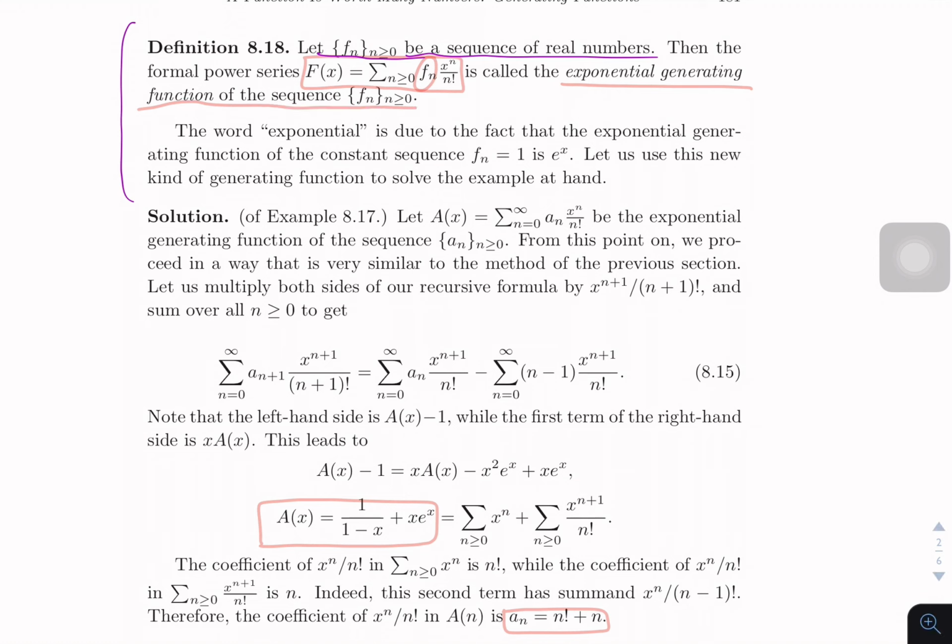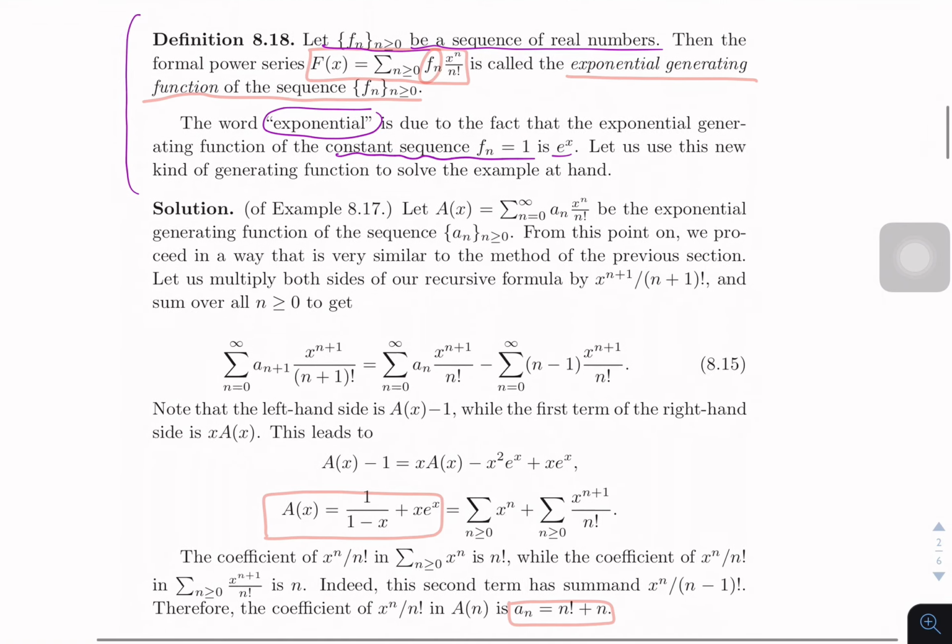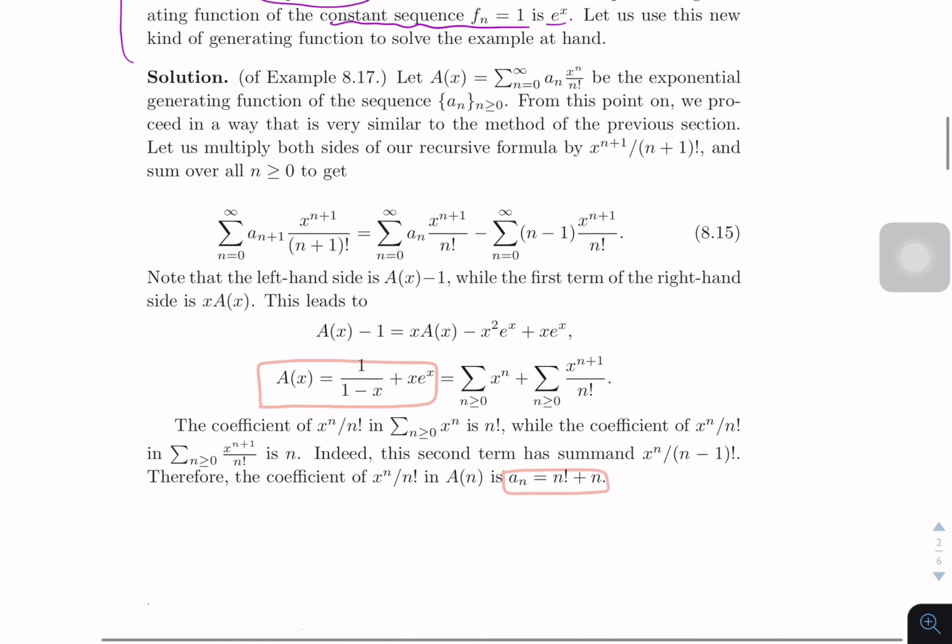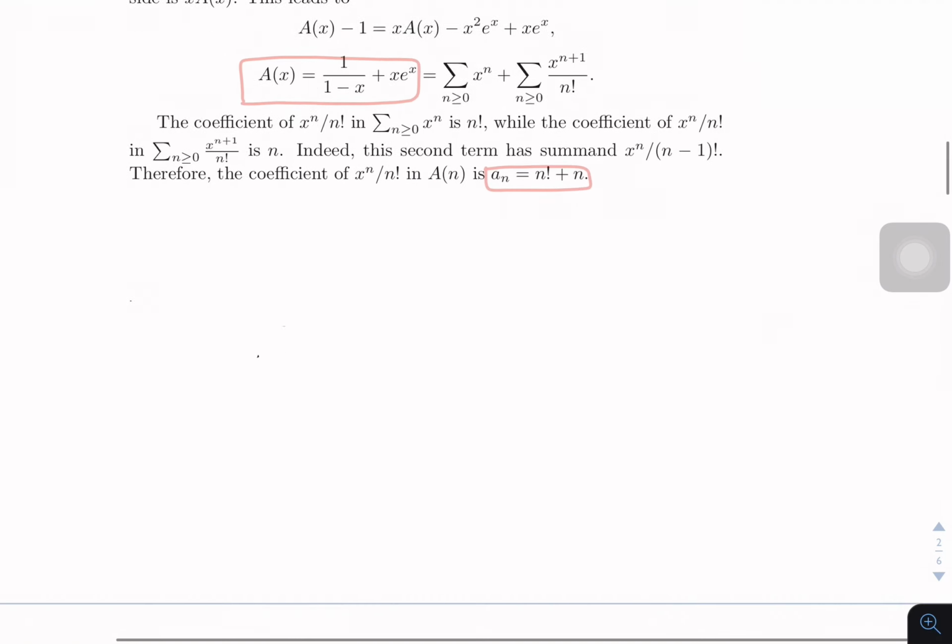The reason this is called exponential is that if we have the constant sequence that's always 1, 1, 1, 1, 1, the exponential generating function for that would be e to the x. This is from the book, so I'll explain this in more detail.